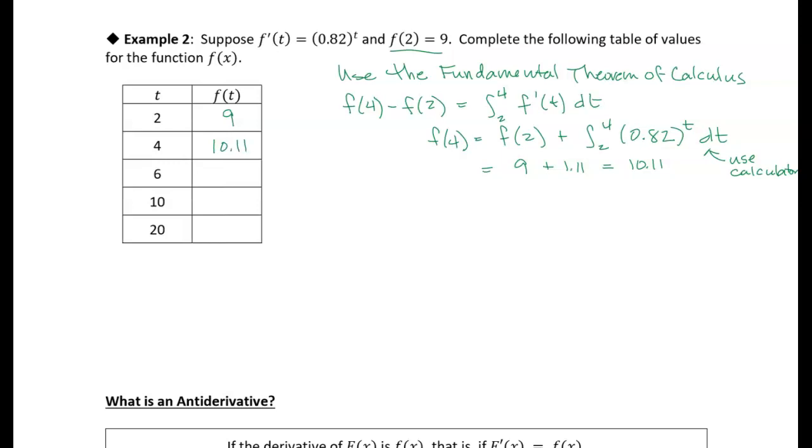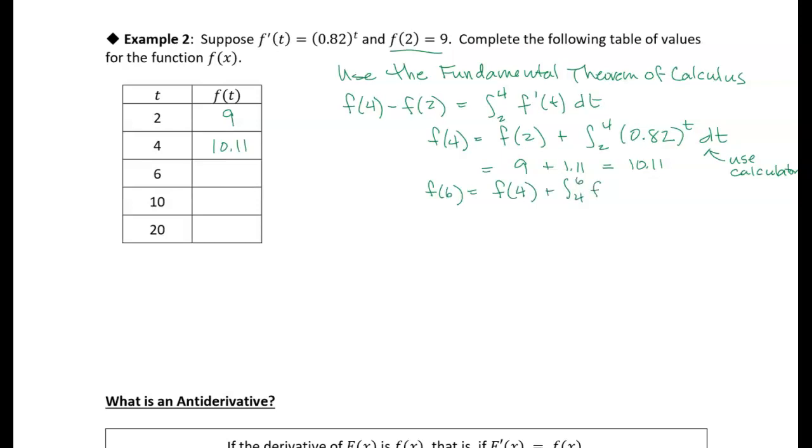So I know that f at 6, there's a couple of different ways I could do it. I could just continue using my value of the function at t equals 2, but I could also just use the previous values. So I know that f at 6 is equal to f at 4 plus the integral from 4 to 6 of f prime.